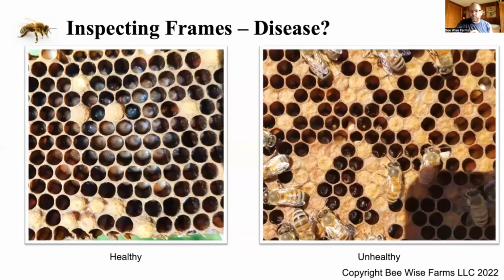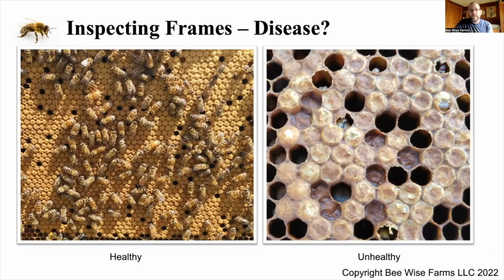And so when we look at our previous picture, those larvae that are slumped over are dead, but they were never capped. They died before the cap went on. That is when European foulbrood affects the larva. For American foulbrood, it affects the larva after it's capped. And so the larva is capped, and then that cell dies. Then that bee in that cell dies.